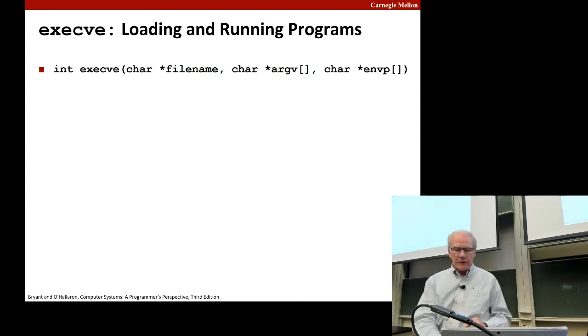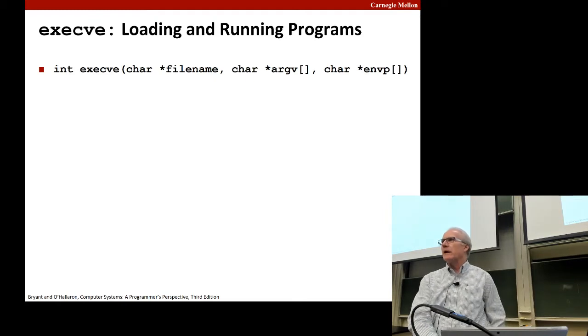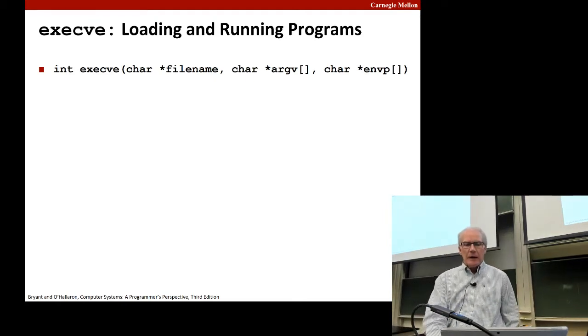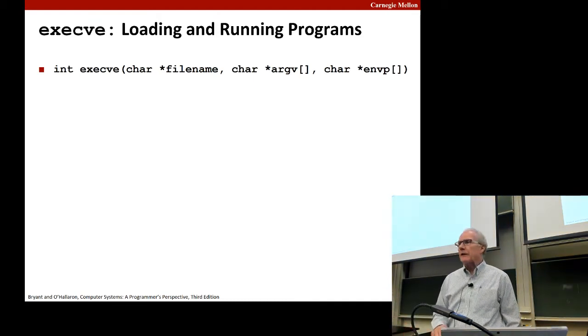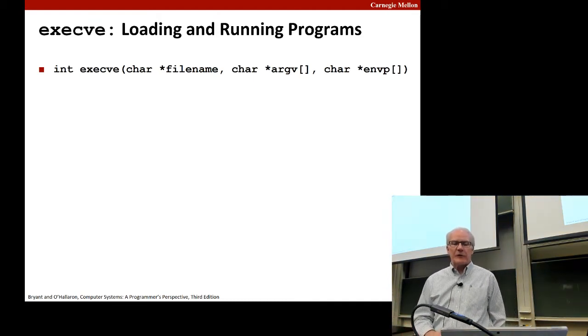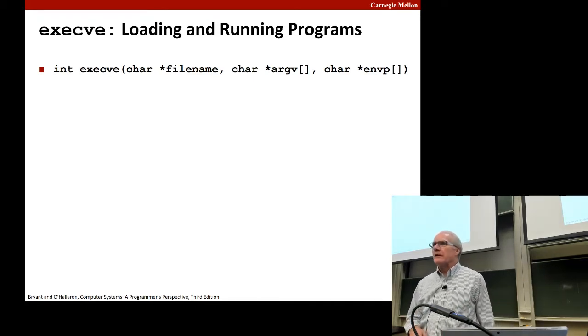It's given the file name, or technically the path name, of a file that contains executable code. And just like you've seen for the main function, it's given the list of arguments that this program is supposed to execute on. Then it's also given a third list, basically an array, of the values of the current set of environment variables for this process.